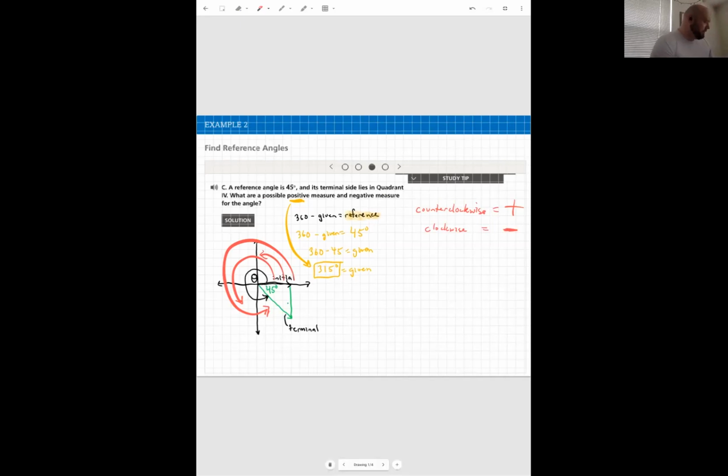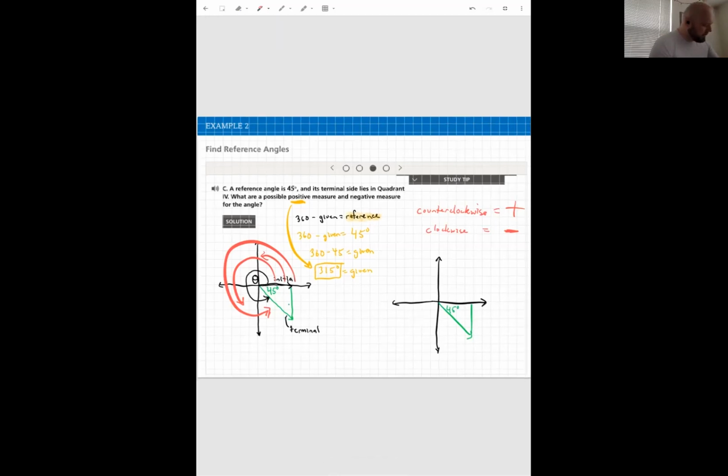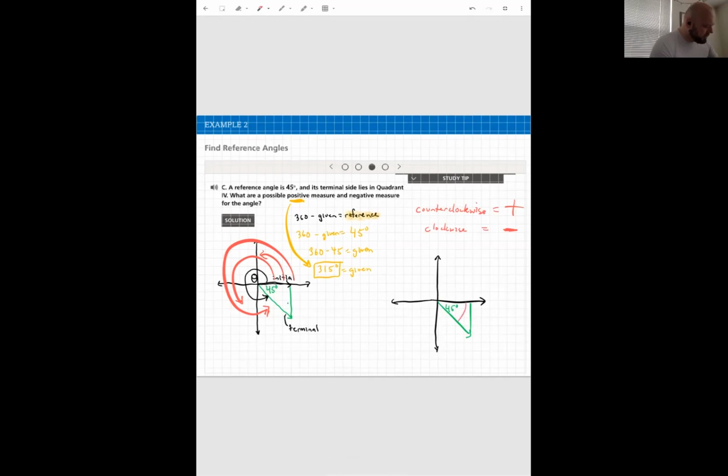So what if I did this angle, but I moved in a clockwise direction instead? So now I'm going to draw my axis again. I'm going to draw the same reference angle, still 45 degrees. So what happens if I move clockwise from the x-axis down to my terminal side?